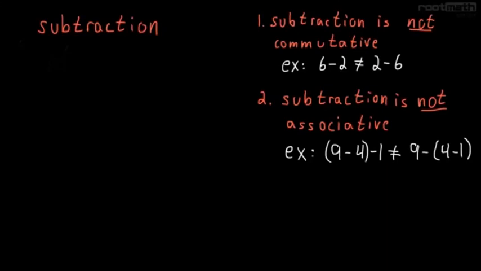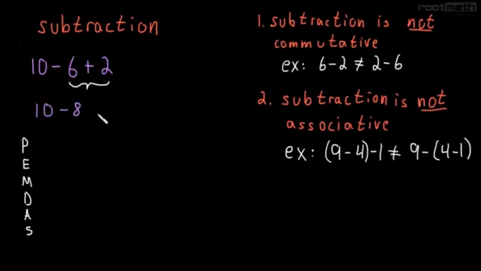Okay, another reason that subtraction is not that great is because sometimes it can be confusing with the order of operations. So for instance, 10 minus 6 plus 2. Maybe we're not sure, should we do subtraction first or should we do the addition first? So we think of the order of operations: parentheses, exponents, multiplication, division, addition, and subtraction. And that looks like we're supposed to do addition first. Addition comes before subtraction.